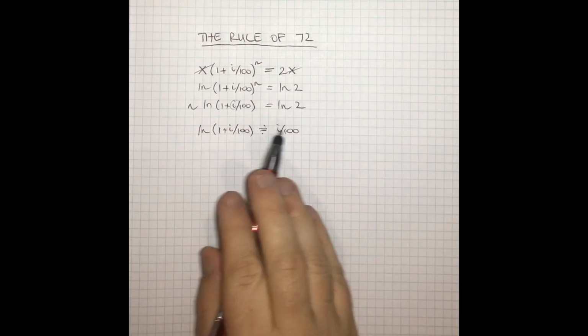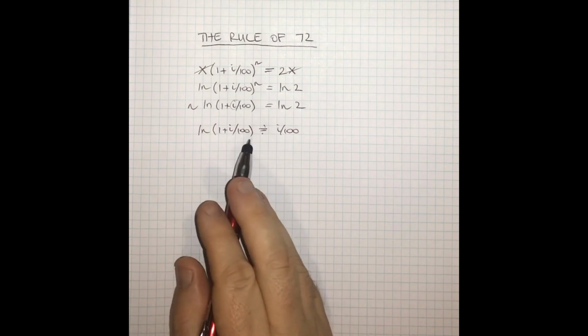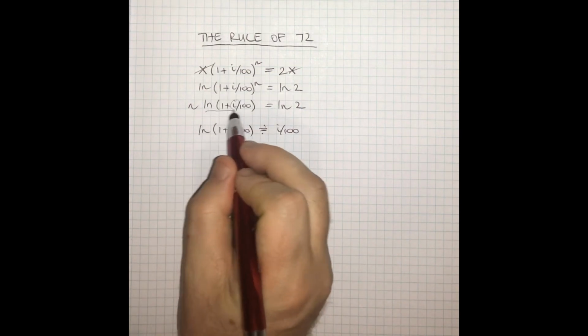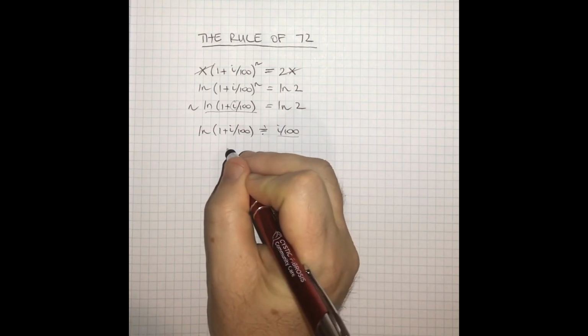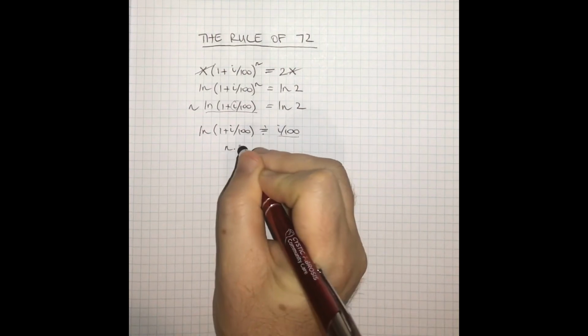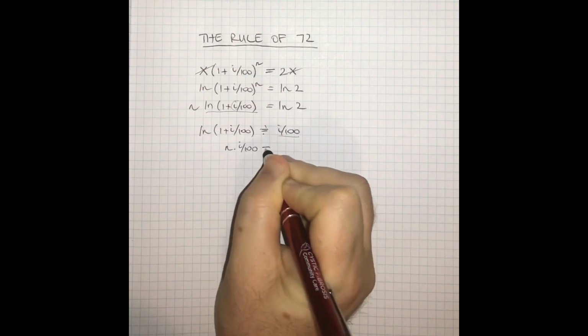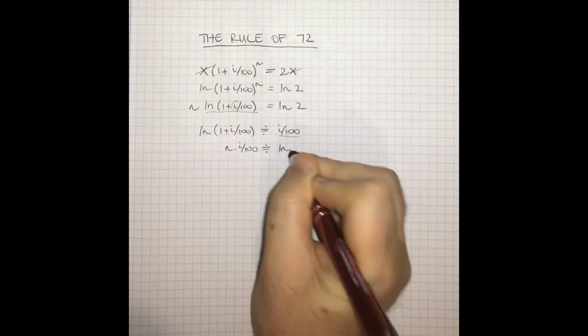Based on that, we can replace the log of (1 plus I on 100) with just I on 100. And that will give us n times I on 100 is approximately equal to log 2.